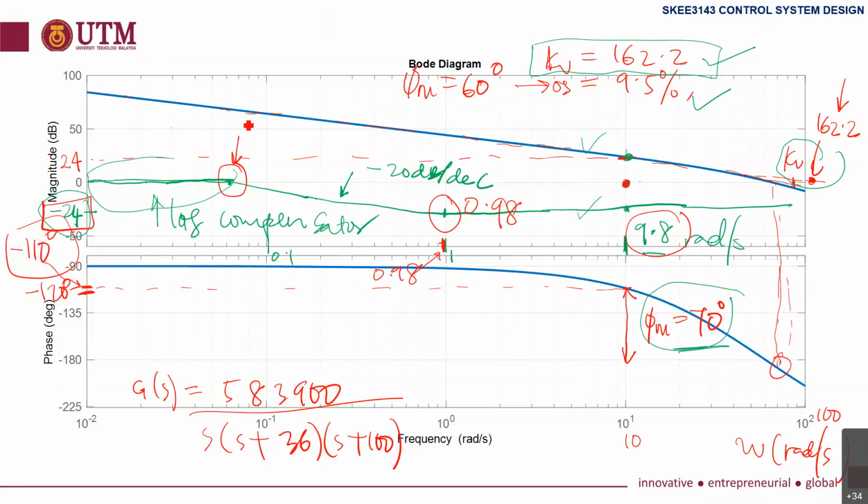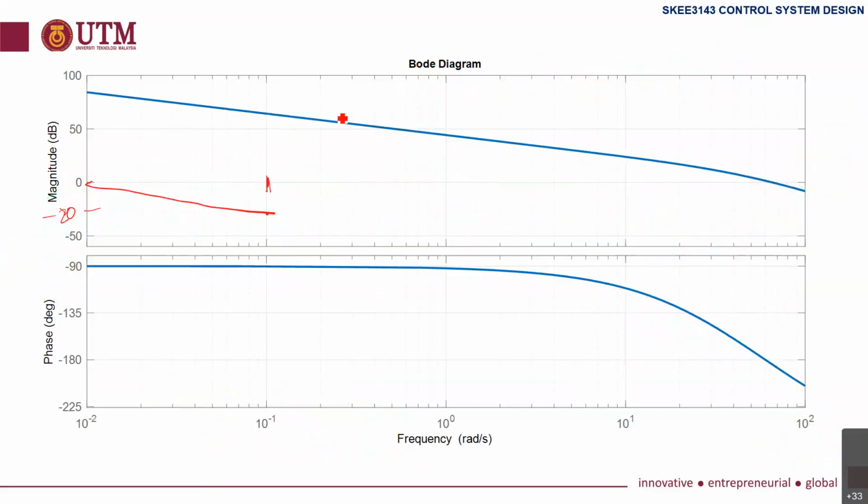But here it will be 0.062. The point here. Okay, I know it is important. It is difficult to understand, but we proceed first. So the points here are 0.98 and 0.062.